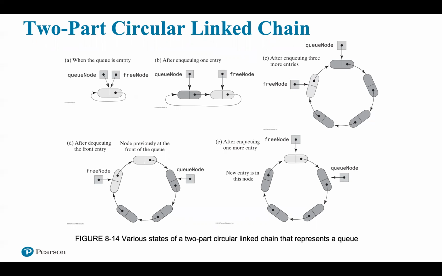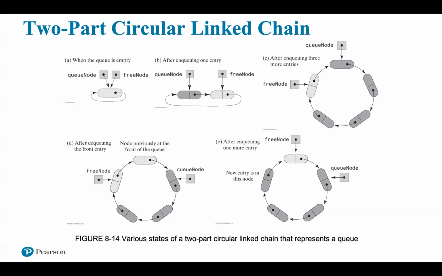Although a node in the chain references an object in the queue, we will sometimes say that the node is in the queue. While queueNode references the node assigned to the queue, freeNode still references the unused node. After three more additions to the queue, three more nodes are allocated and linked into the chain. Segment 8.21 will describe exactly how to accomplish this.